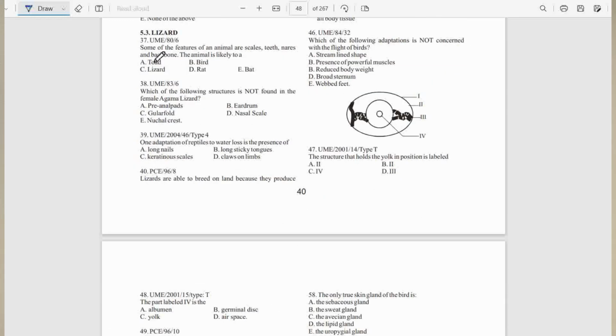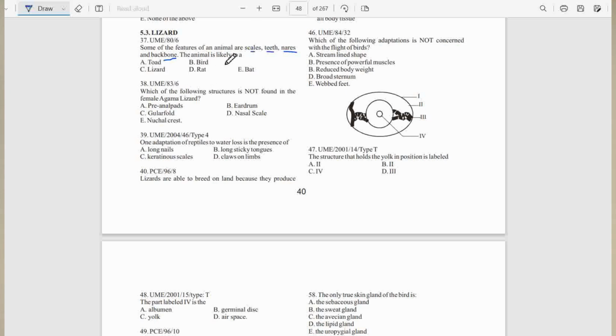Question under lizard, for example, under reptiles. Some of the features of an animal are scales, teeth, nails, and backbone. The animal is likely to be what? Okay, possession of scales.